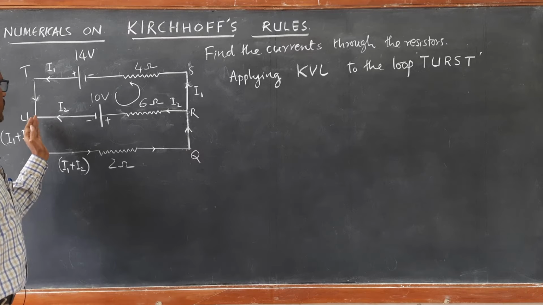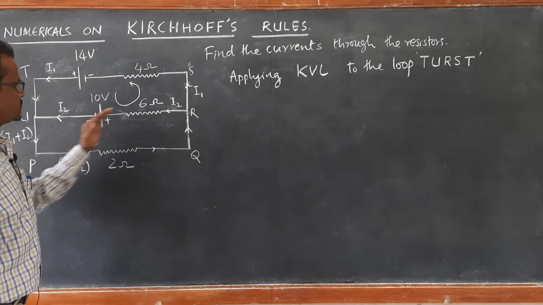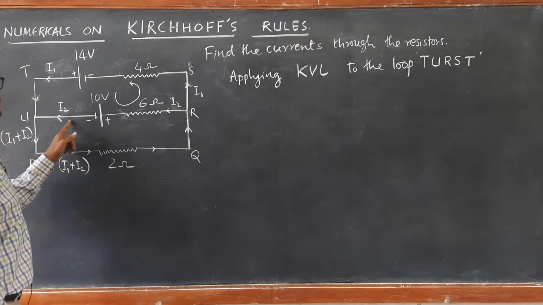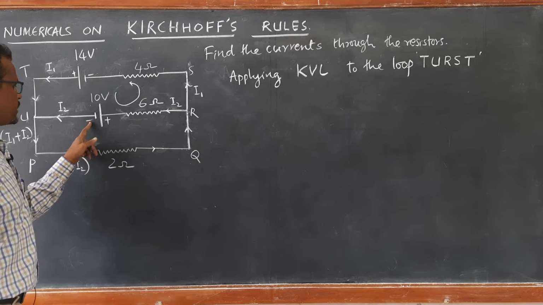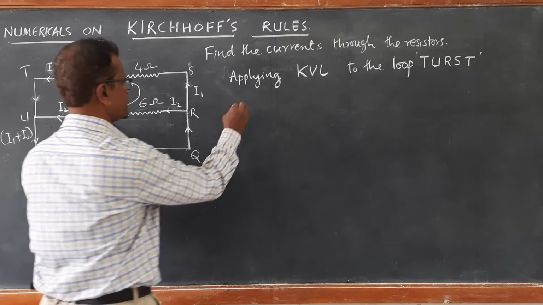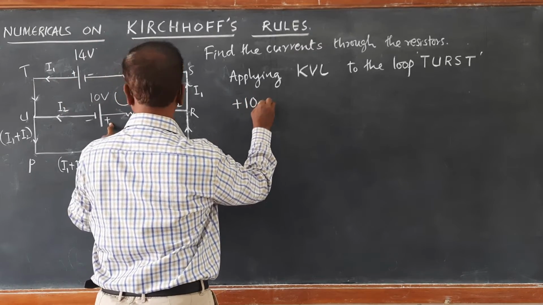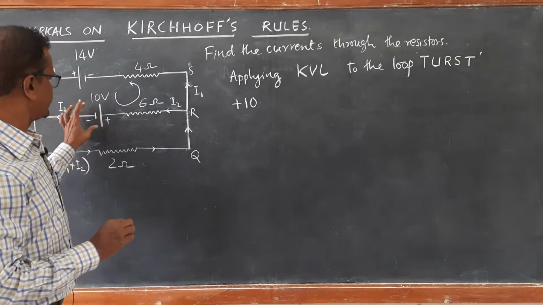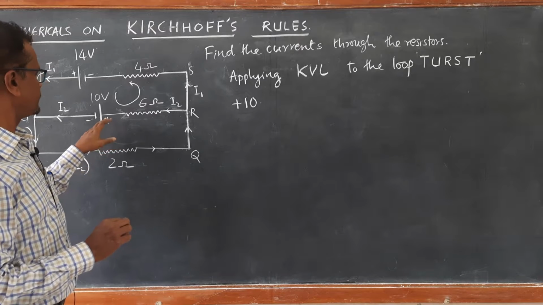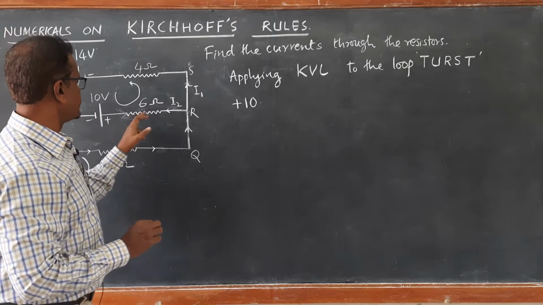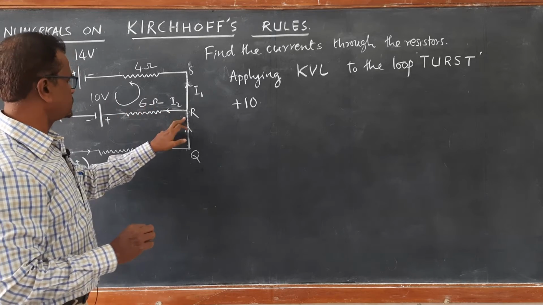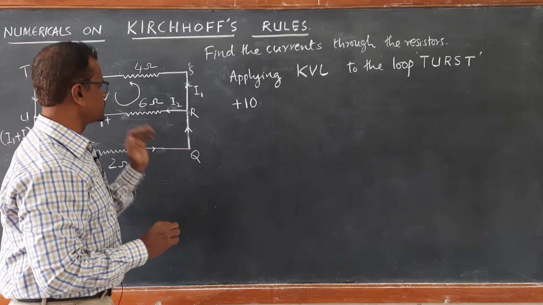So if you go from U to R in this anti-clockwise sense, there is increase of potential from negative potential to positive potential. So it becomes plus 10 volt, that is of this battery. So when you move from U to R, there is increase of potential difference.